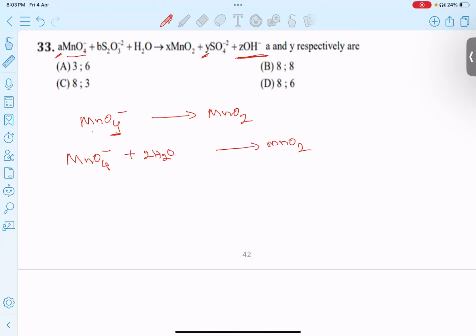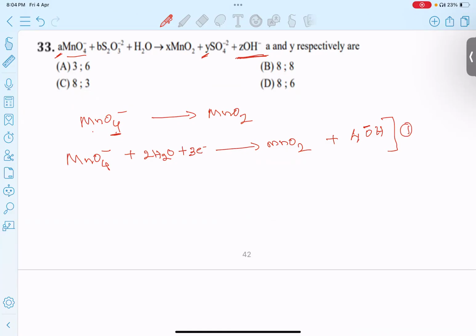To balance the hydrogen atoms, add the same number of hydroxyl ions, OH minus, on the opposite side. Now let us check the charge. On the product side there are 4 negative charges, and on the reactant side 1 negative charge. To balance the charges, add 3 electrons on the reactant side. This is equation number 1.